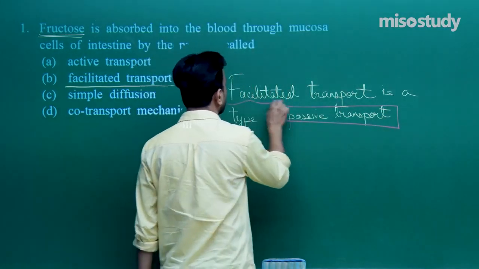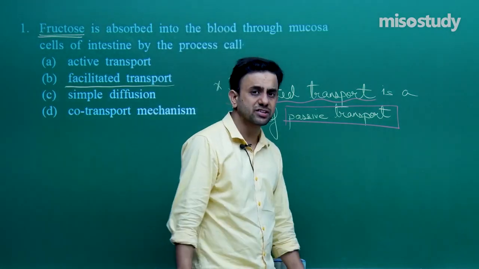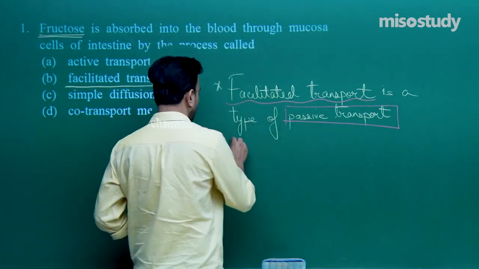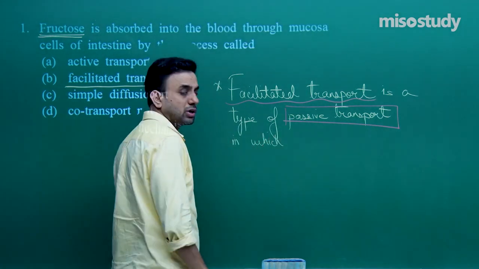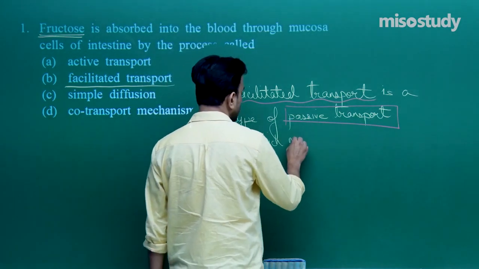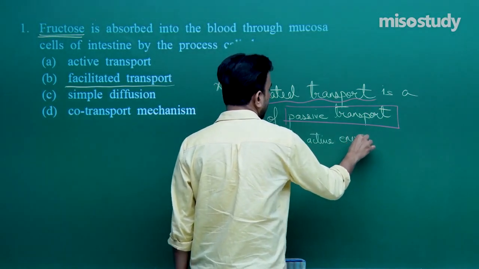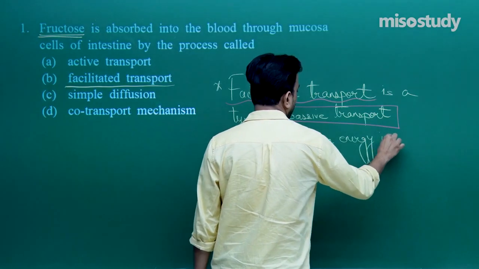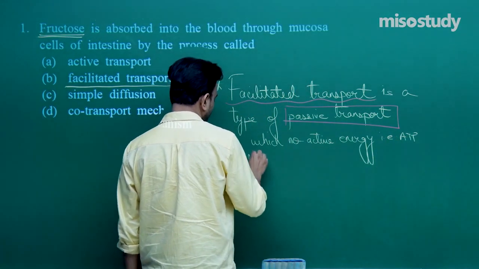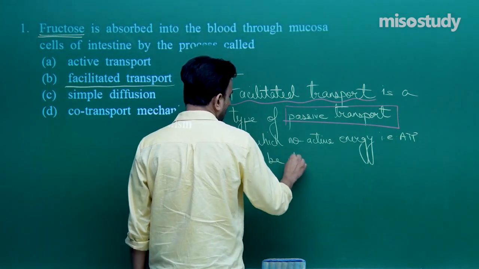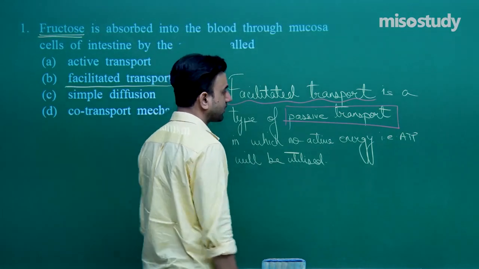So facilitated transport is a type of passive transport in which no active energy, that is ATP, will be utilized.